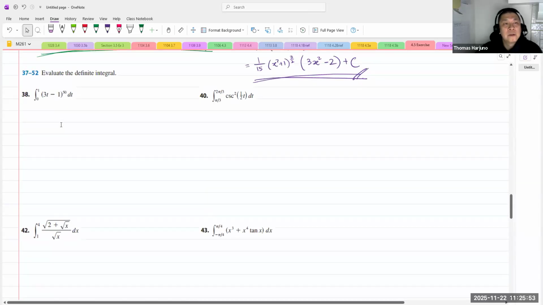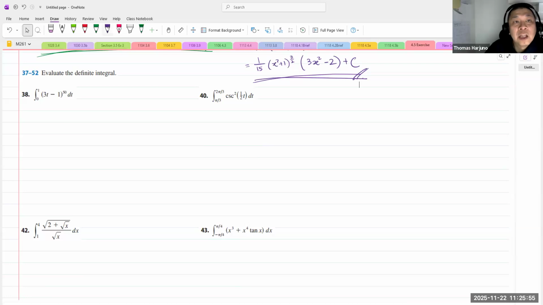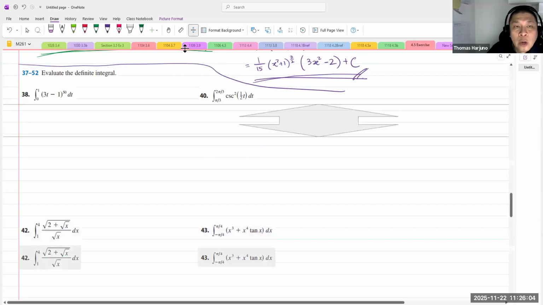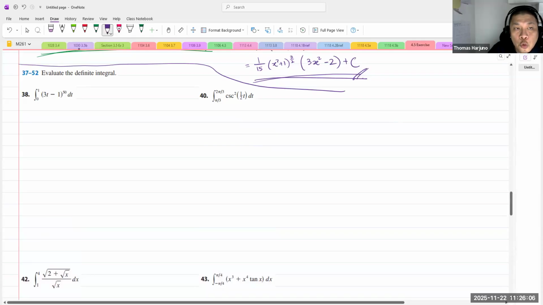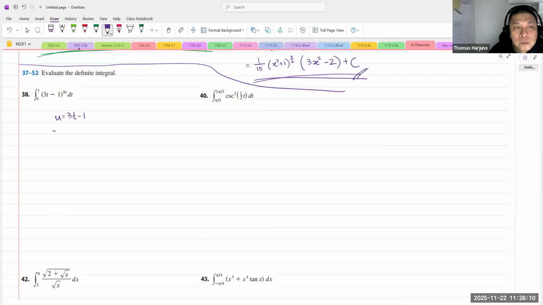Okay, number 38. This time we have a definite integral. Remember the rule in my class: when we have a definite integral and you do u substitution, besides finding out what the dt becomes, which we are used to doing already, here dt becomes du/3.